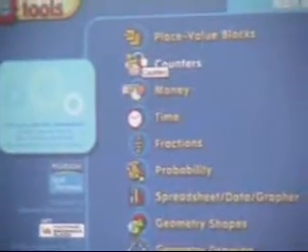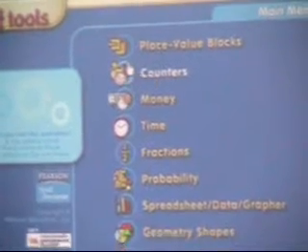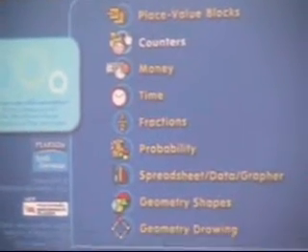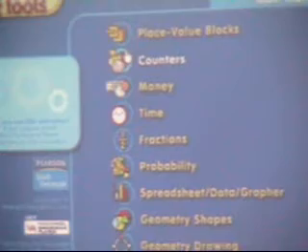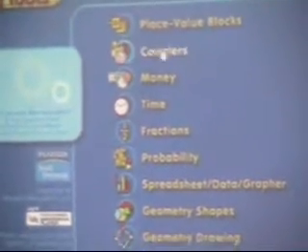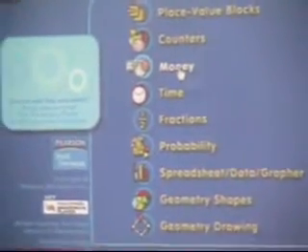So you can use the base 10 blocks to see what they understand, and then you can use this to help them model another way to do it. Money is one of my favorites because of this little feature.